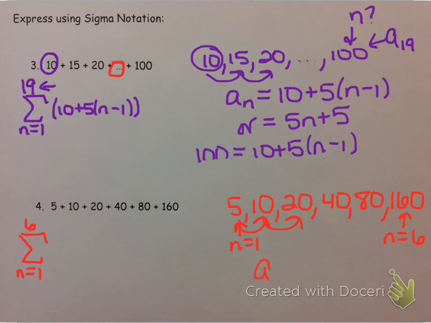And so that pattern's equation would just be term 1 times the common ratio to the power of n minus 1. So my first term was 5 times, and my common ratio is 2 to the power of n minus 1. I don't have to have parentheses because this is all one term, it's being multiplied, but if you want to be on the safe side, you can always put parentheses around it, like that.